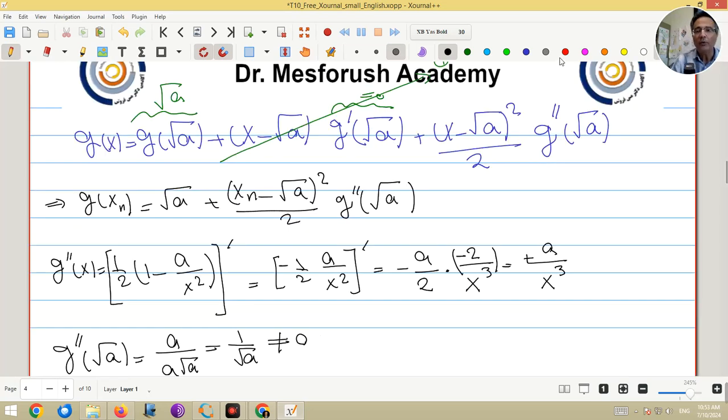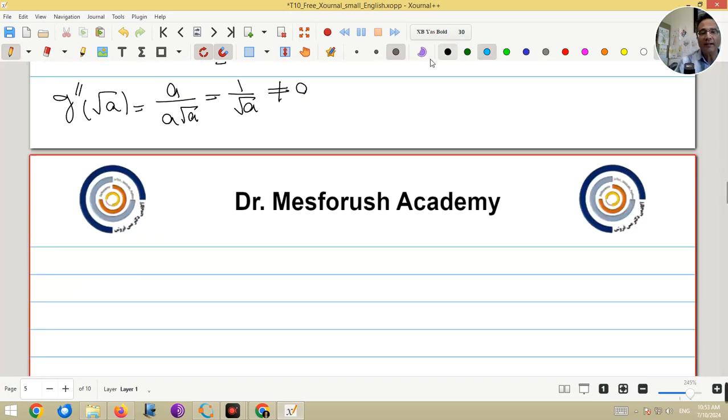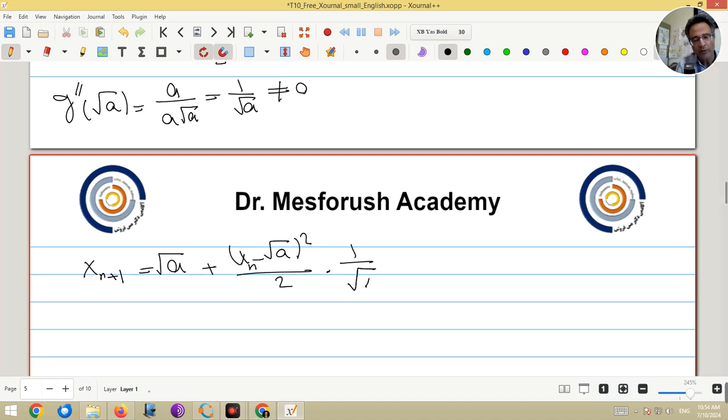So I can put here 1 over the square root of a. Finally I get x_{n+1} equal to the square root of a plus (x_n minus square root of a) squared over 2 times 1 over the square root of a.